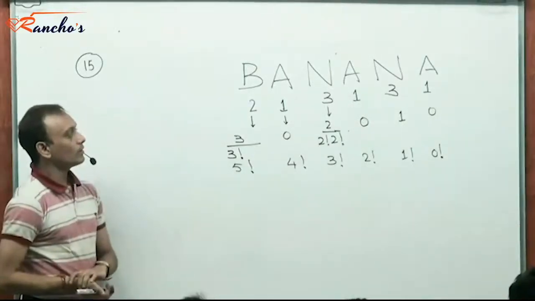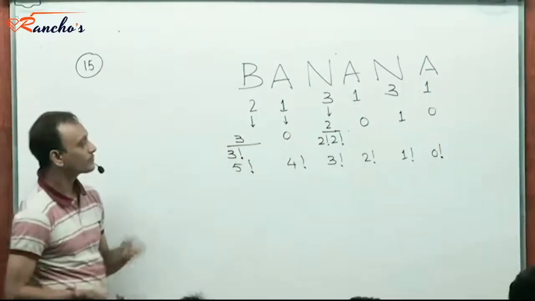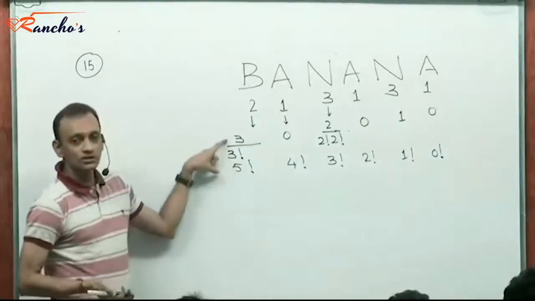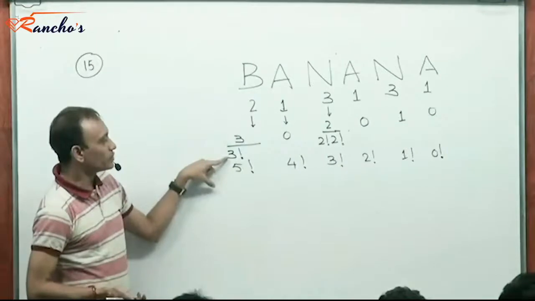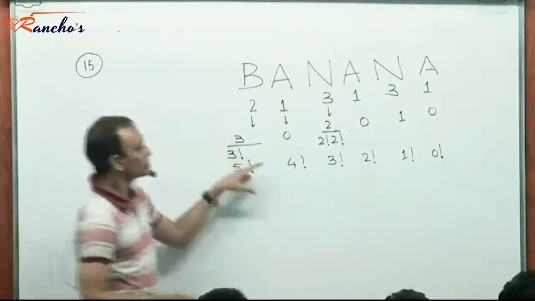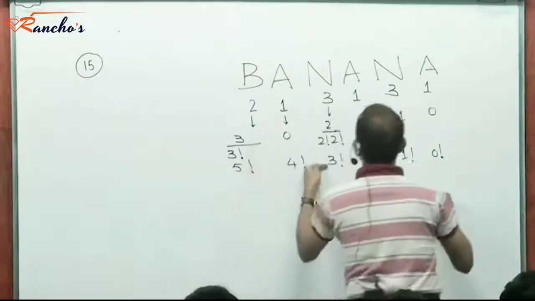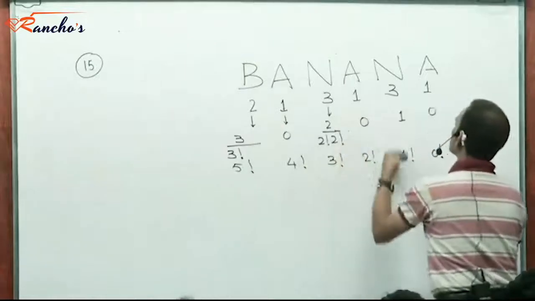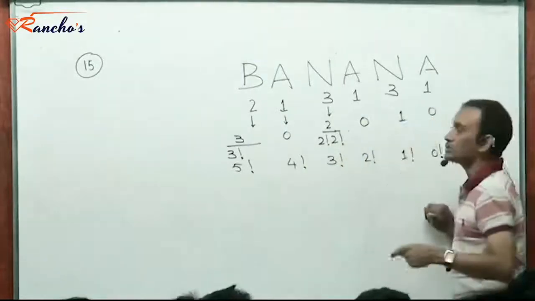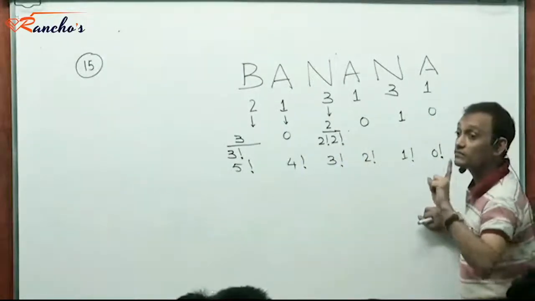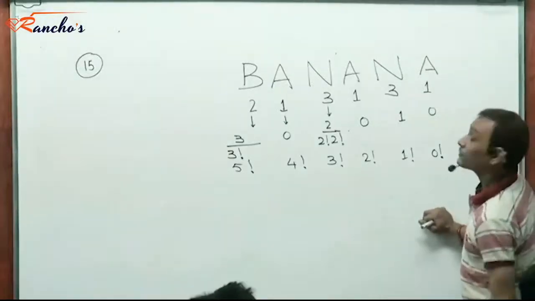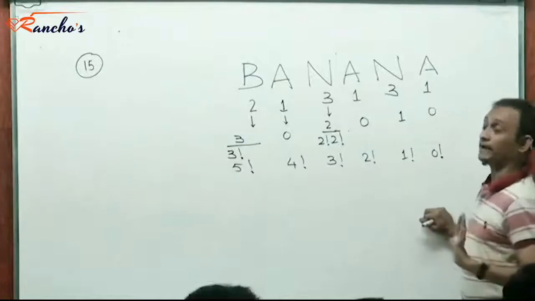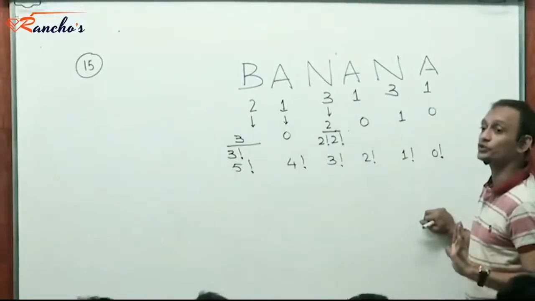Now, this into this, 120, 20, this into this, plus this into this, and so on, will give you the rank. Now, plus 1 will give you the rank. That is what you need to do.